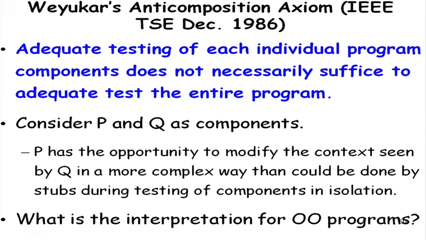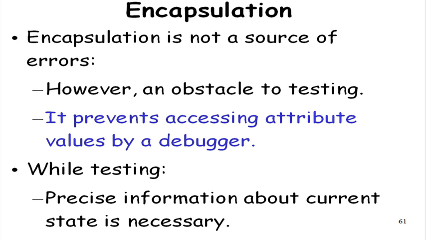Just testing methods and then integrating them may not be correct. We need to test the classes at the unit level and integrate the classes. So, that is the first important result, that class is the basic unit of testing for object oriented programs.